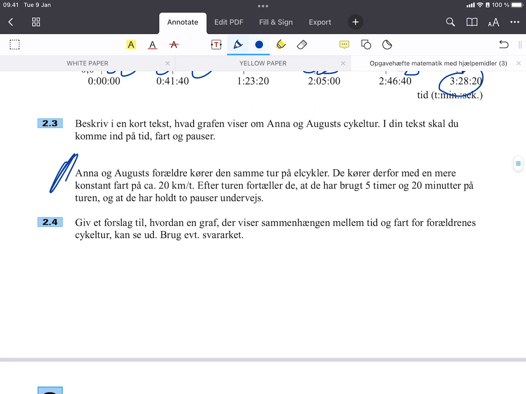Anna and August's parents drive the same trip on an electric bike. Therefore, they drive with a more constant speed of around 20 kilometers an hour. After the trip, they tell that they've used 5 hours and 20 minutes on the trip, and they've taken 2 pauses, 2 breaks on the way.